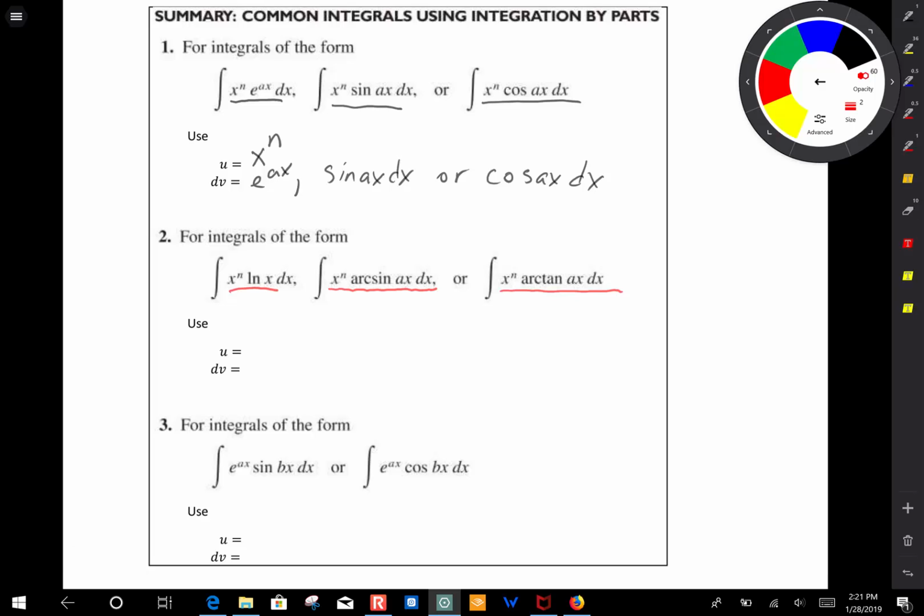Then you're going to let your u be the natural log of x, or the arc sine ax, or the arc tan ax, and your dv is going to be the x to the n.